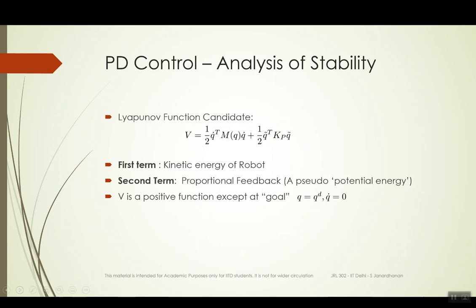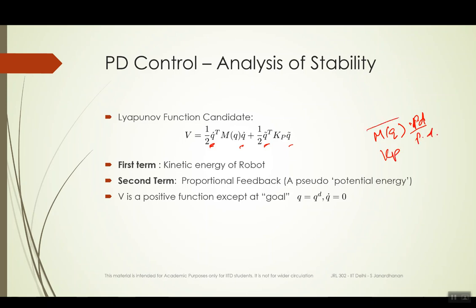Okay, now as we said, we want to make a Lyapunov function that is positive and depends upon the velocity and the position also. So let's take this Lyapunov function, for which we have to assume that M of q is positive definite and this Kp is also positive definite.